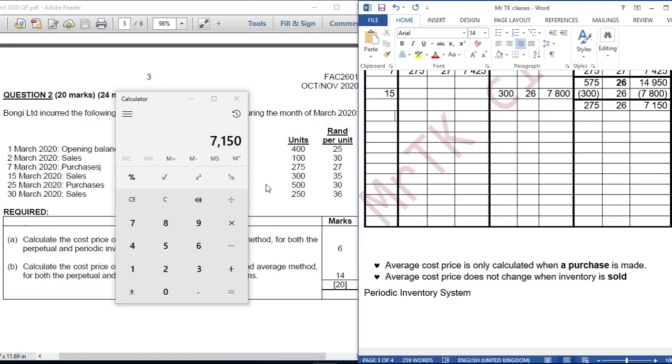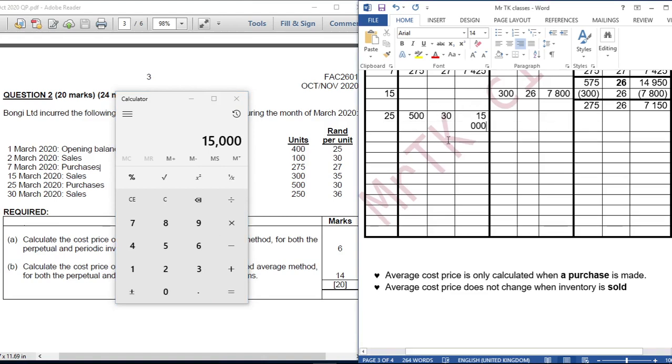After the 15th is the 25th. You can see that we purchased 500 items. These 500 items were purchased at 30. So 500 multiplied by 30, we get 15,000.